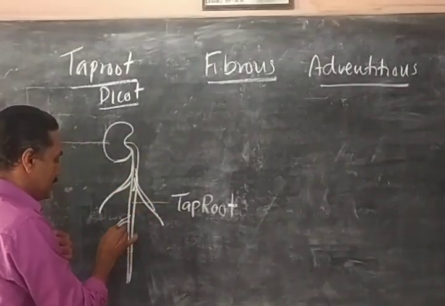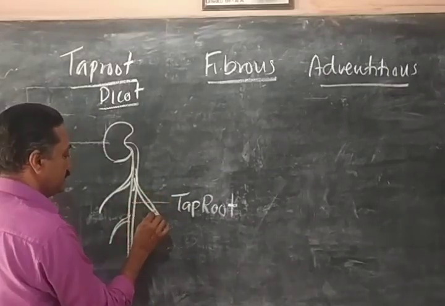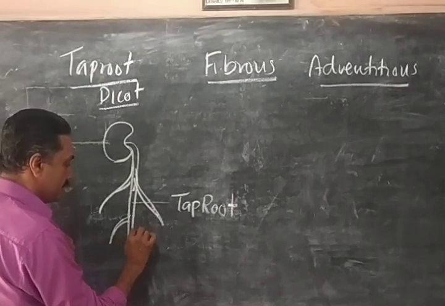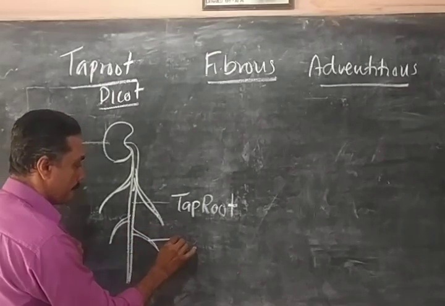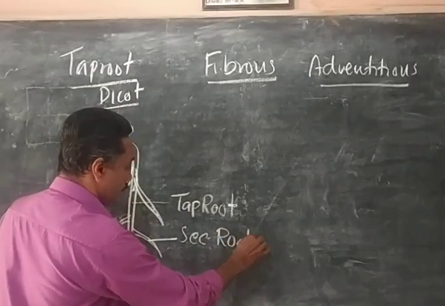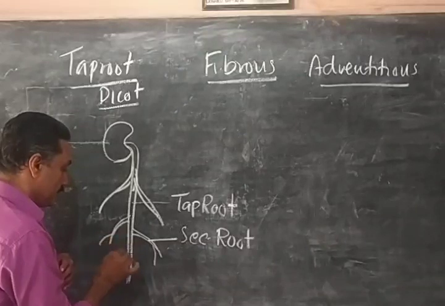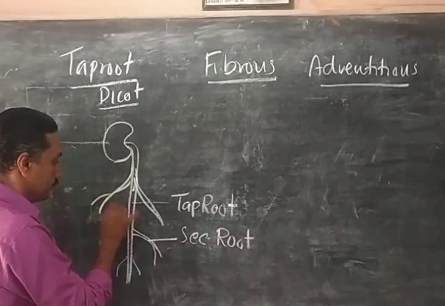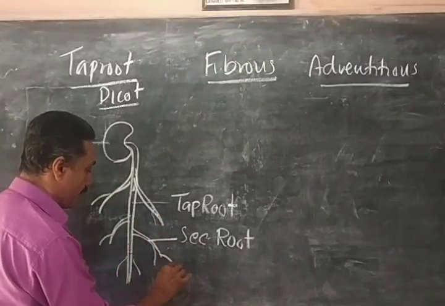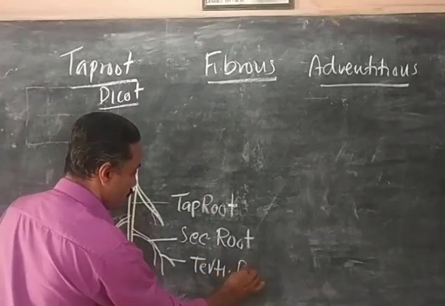These branches are called secondary roots, and they again produce branches called tertiary roots. Again they produce more branches.